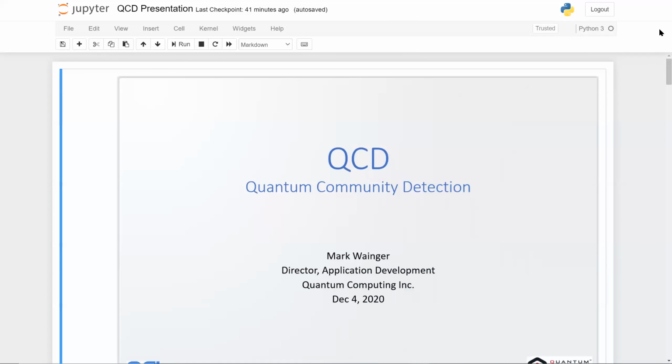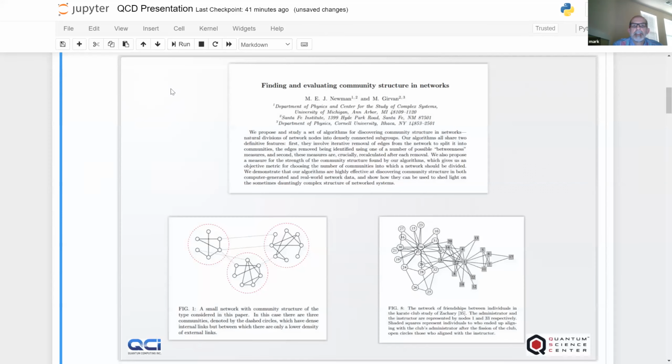There we go. Mark Wanger, Director of Application Development here at QCI. I'm going to talk about quantum community detection, which is a graph analytic that's fairly new. The seminal paper was written by Newman and Girvan back in 2004 for finding and evaluating community structure in networks.